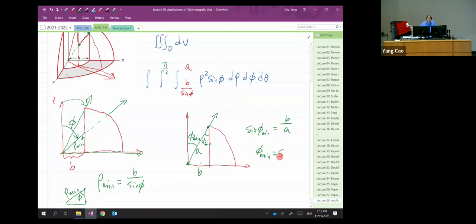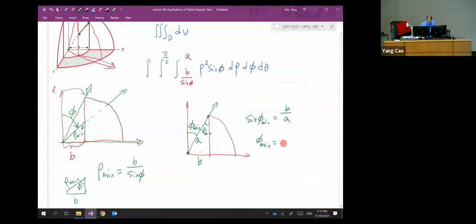So you get sine inverse, or arc sine, B over A. So this is where you put it over here, right? The minimum limit for the phi is arc sine B over A.